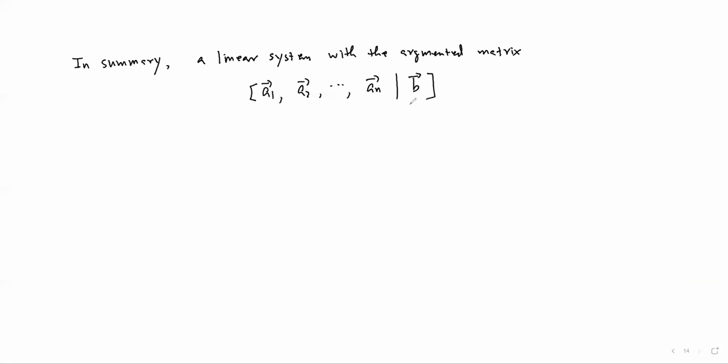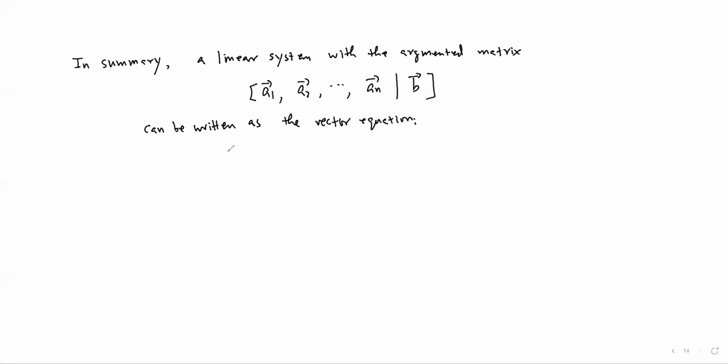A linear system whose augmented matrix is this can be written as the following vector equation. Which vector equation? Suppose the unknowns are x1, x2, xn.